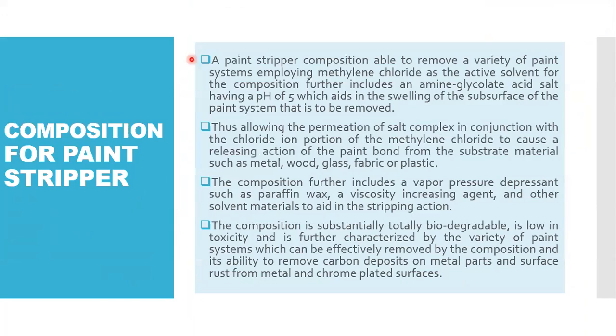So, what is the composition of the paint stripper? A paint stripper composition enables the removal of a variety of paint systems, employing methylene chloride as an active solvent for decomposition.